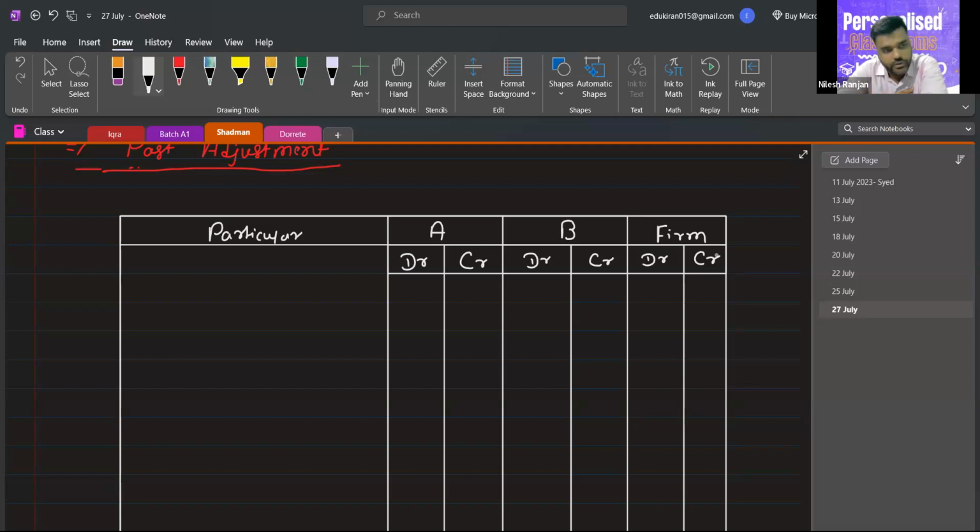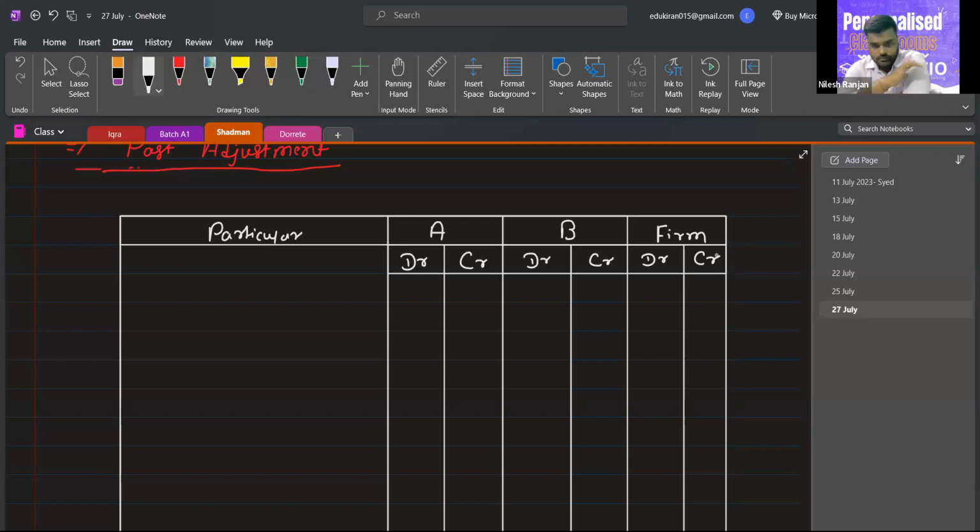In the same manner, if we are giving something to the partner, then we will credit his column and debit the firm's column. Okay, sir. Got it. So this is how you will prepare the format. And if there are three partners, then you will prepare the partners' columns for three partners, A, B, and C, and then the firm.